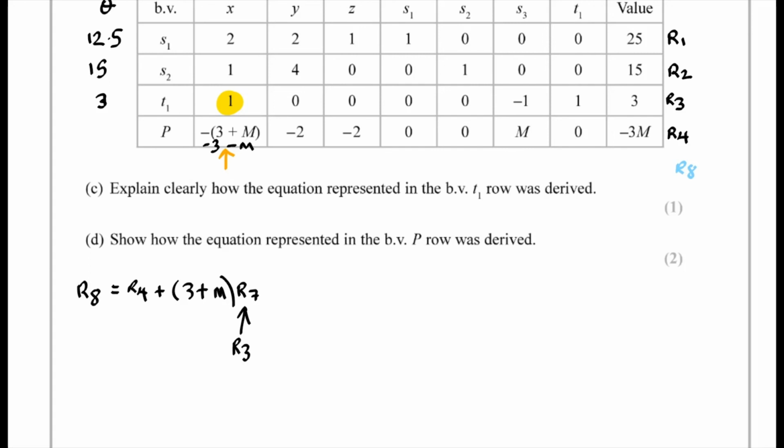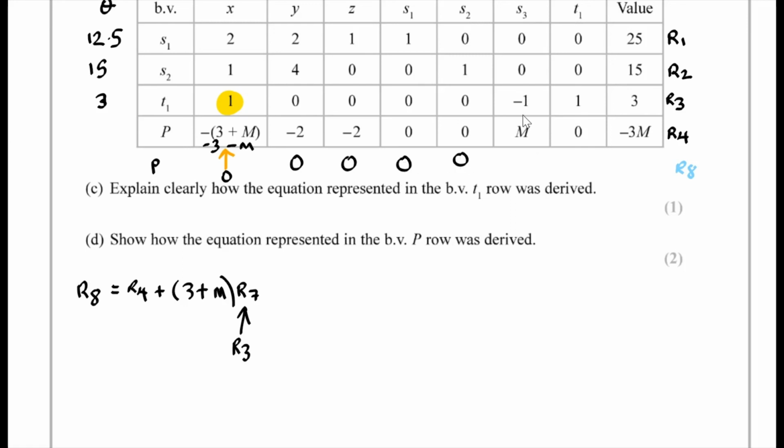So of course here we'd just have p. Here we'd have 0. And then here we'd have minus 2 plus 3 plus m lots of 0, and the same thing happens here.